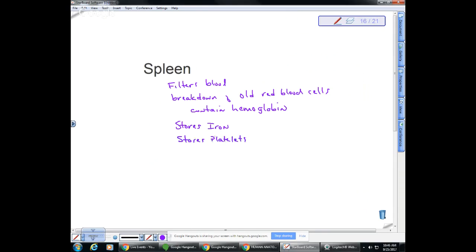And so platelets are really important if you're hemorrhaging, if you get damage, those platelets can then leave the spleen and go to that site. So the storage of platelets is important. And remember, platelets are just pieces of cells that are specifically involved in clotting.